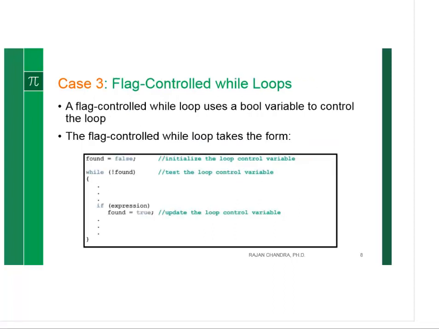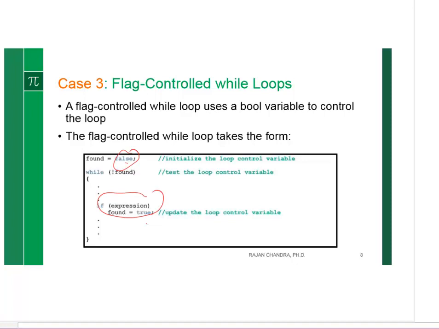The third option is we want to control a while loop with a flag. Initially, the flag in the example is set to false, and there is an expression inside the while loop which sets found equal to true.